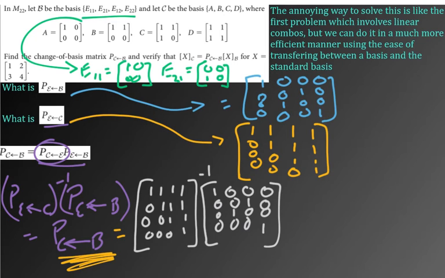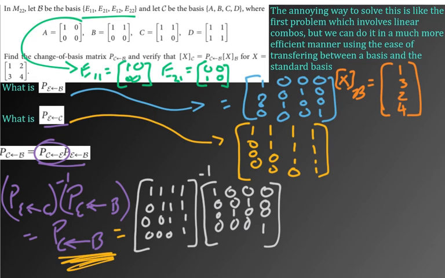I'm going to do orange. X written in terms of B is just going to be 1, and then a 3, right? Because they basically flipped these two on you. So you would end up flipping these two. 1, 3, 2, 4. You should check it just to make sure.